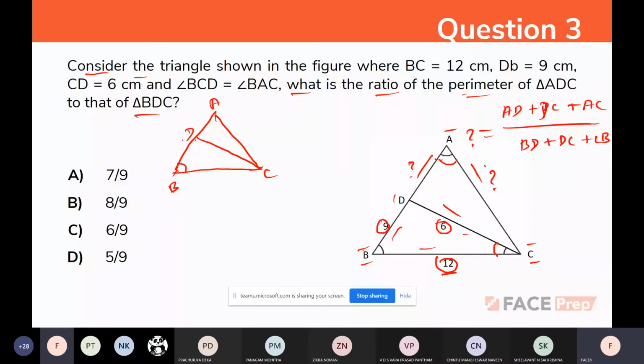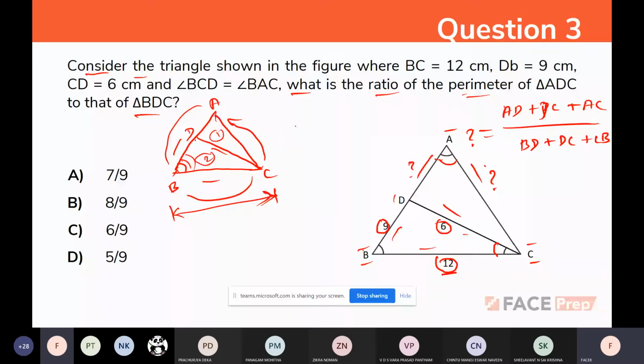For these two triangles, B is a common angle and BC is the common side. Do you agree or not? So we can say these two triangles are similar to each other.